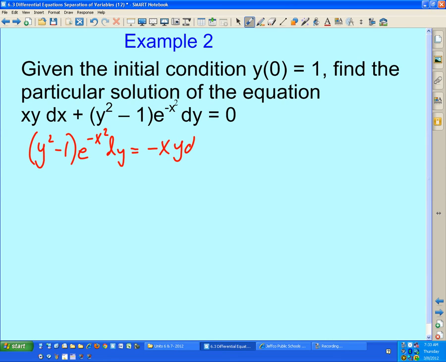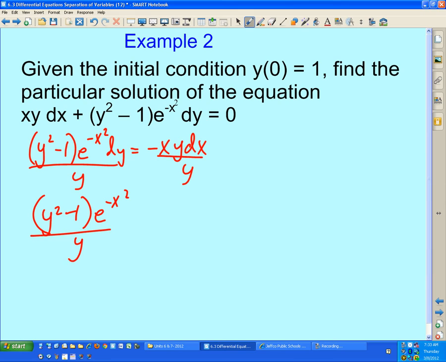Well, again, I'm stuck with an x on one side and a y on the other. So I'm going to divide both sides by y in this case. And so now I'm left with y squared minus 1 times e to the negative x squared all over y equals negative x dx. Getting a little bit better.